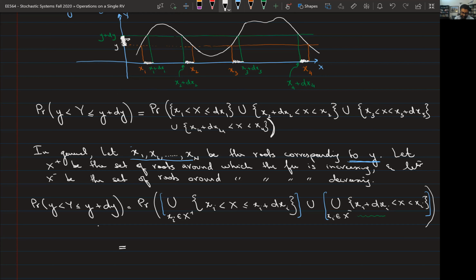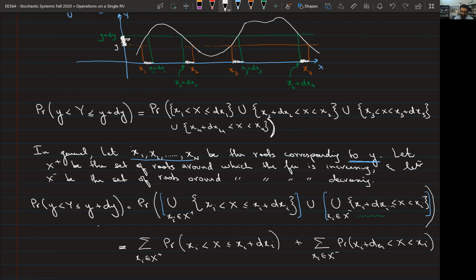So therefore, I can say this is equal to a summation over xi belonging to the set X plus, of the probability that xi is less than capital X is less than or equal to xi plus dxi, plus a summation over xi belonging to X minus, of the probability that xi plus dxi is less than capital X is less than xi.